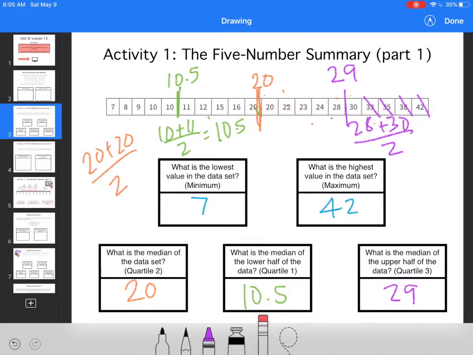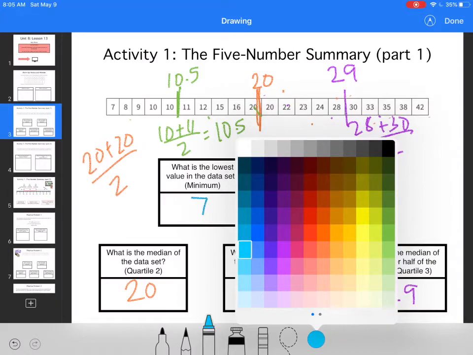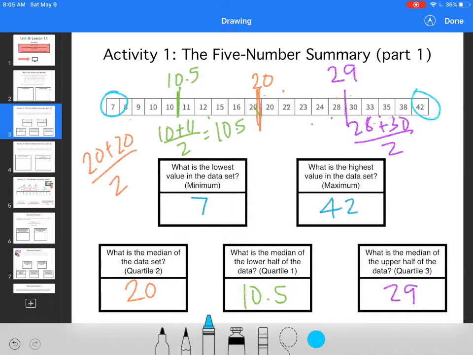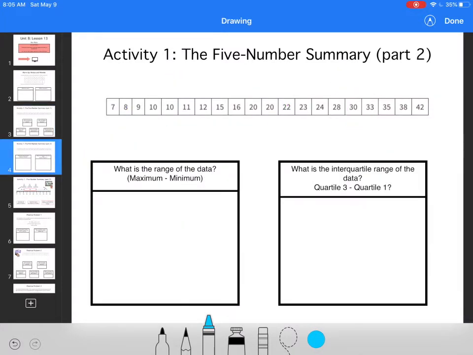So my 5-number summary is made up of the minimum, the maximum, the median, the first quartile, and the third quartile. And I get that by finding the median, and then the median of the lower half and the median of the upper half.